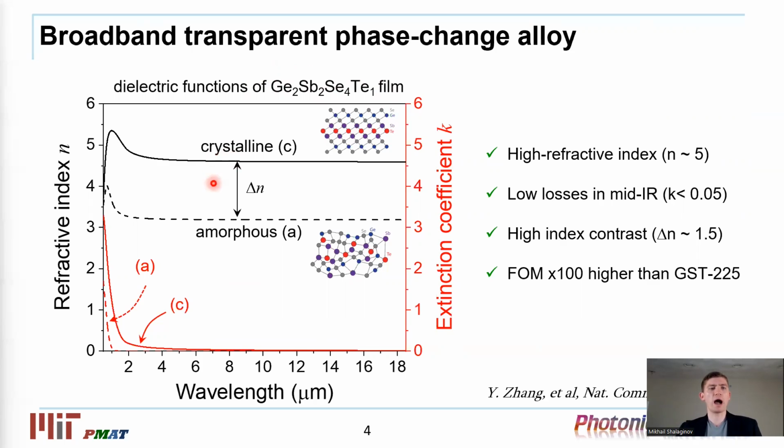In addition to high refractive index and refractive index contrast between amorphous and crystalline states, this dielectric material is also highly transparent in a broad IR band for both amorphous and crystalline states. If we compare it to the conventionally used alloy GST-225, the figure of merit, which is defined as the ratio between delta n to k, is about 100 times higher for GSST. This is primarily due to substantially reduced losses in the crystalline state.